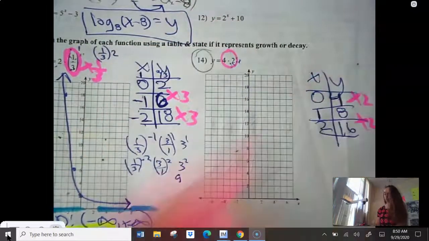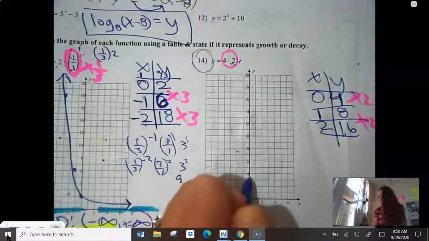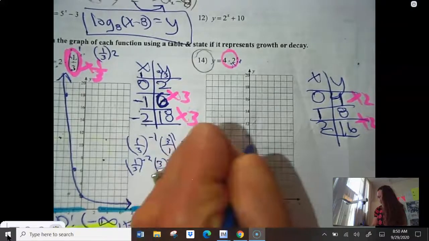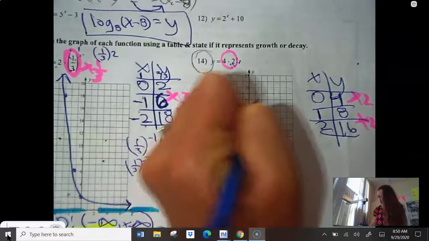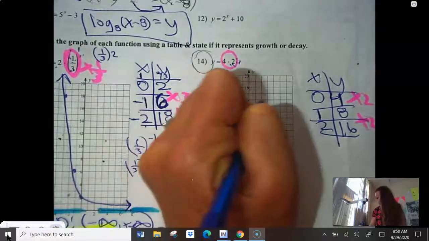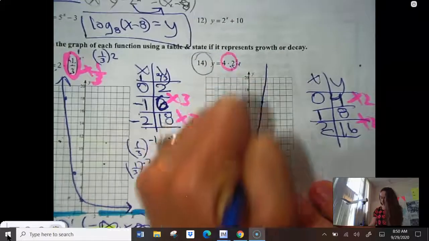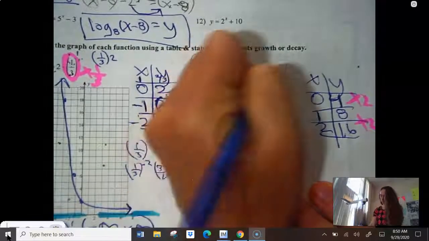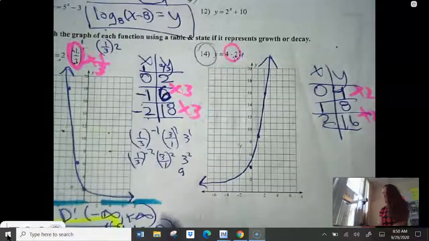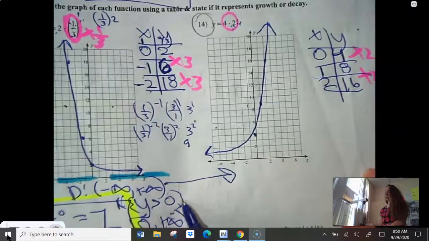Hey, what's the pattern? Times 2, times 2. And I'm going a little bit fast because it's about to run out of time. 0, 4, 1, 8, 2, 16. Never quite hit 0. Okay, so what does that mean the domain is? All real numbers. What does it mean the range is? Y is greater than 0.